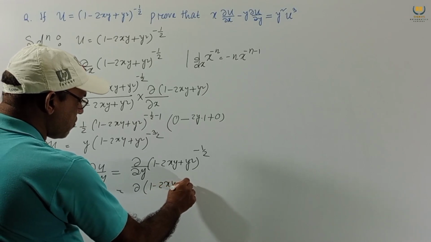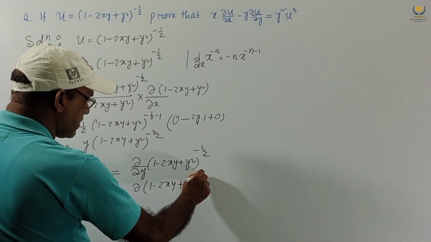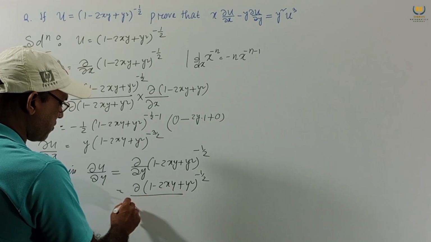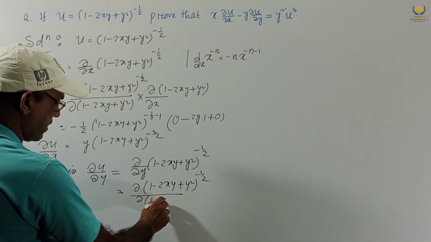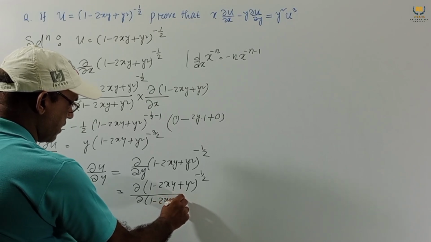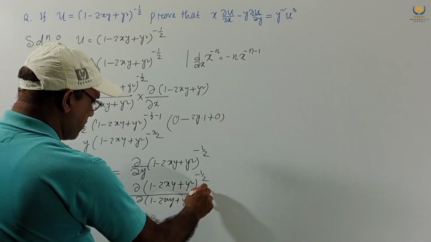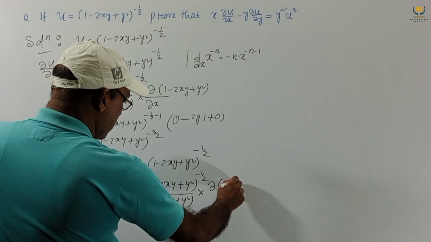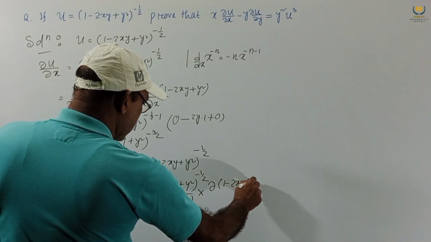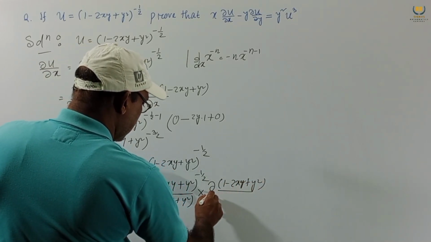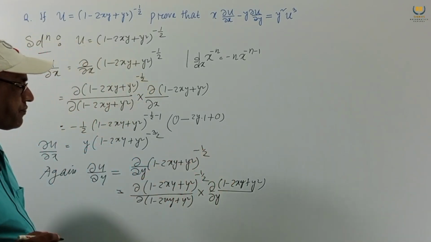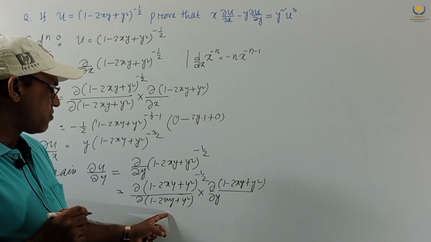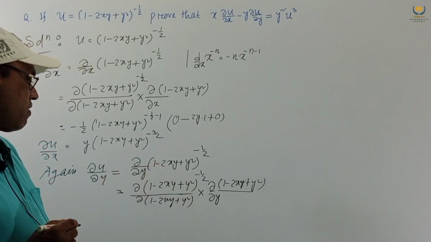Without the chain rule we can write the result also, but it is better to write it this way so your concept will be clear. I have written this in detail. Cancelling these two, ultimately we get this one.